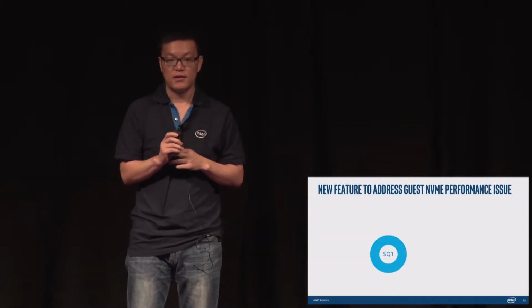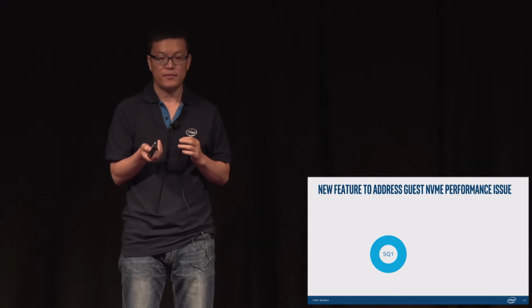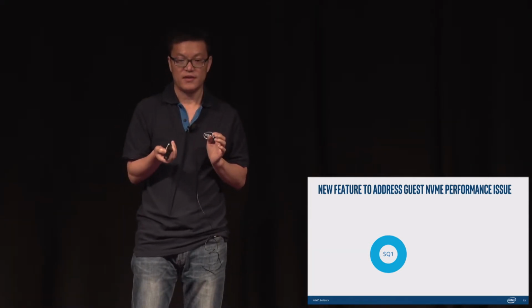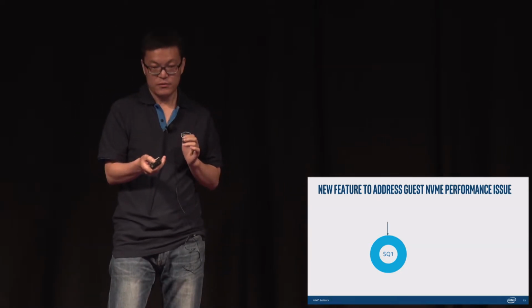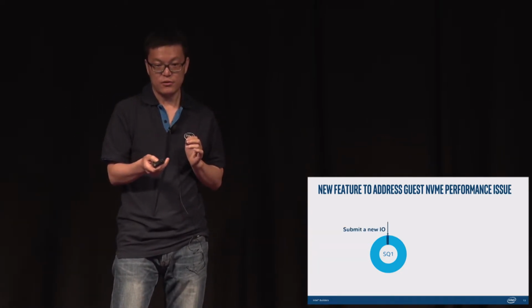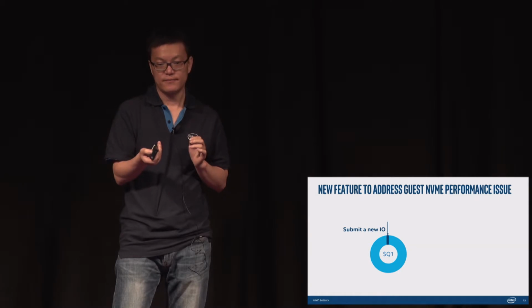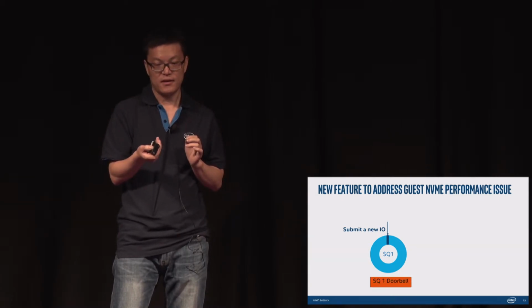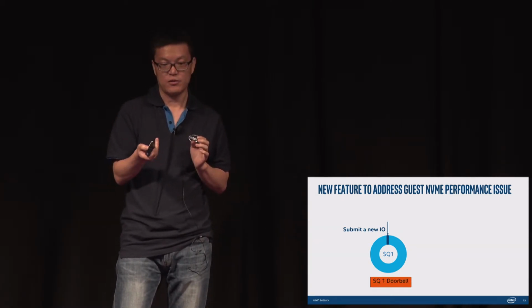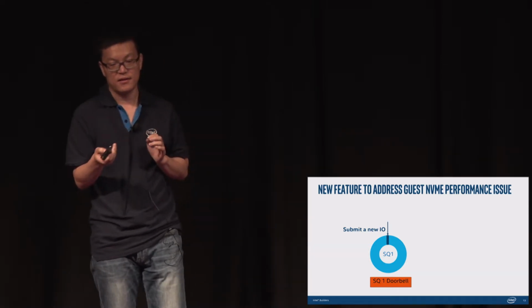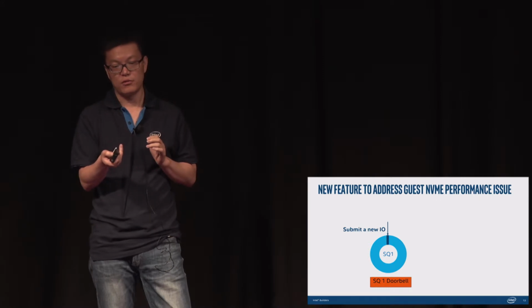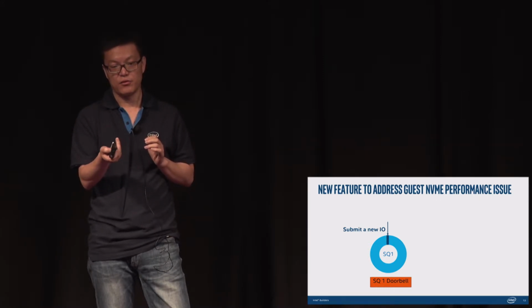Okay, another question: how does SPDK know which entry of this submission queue has the new request? When the guest sends a new request to the submission queue, it needs to write the doorbell to let the controller know which entry has this new request.